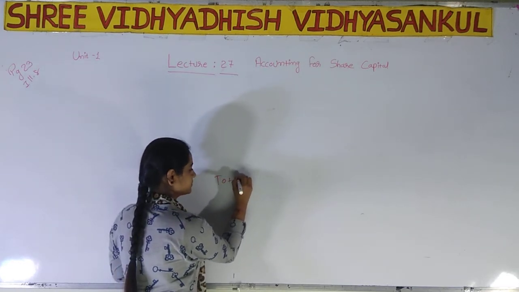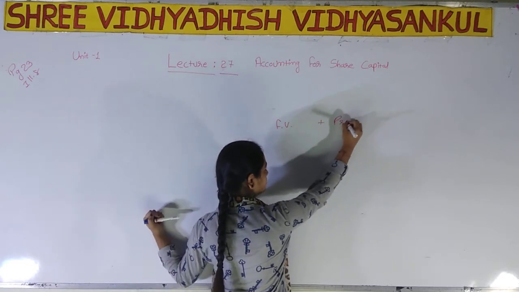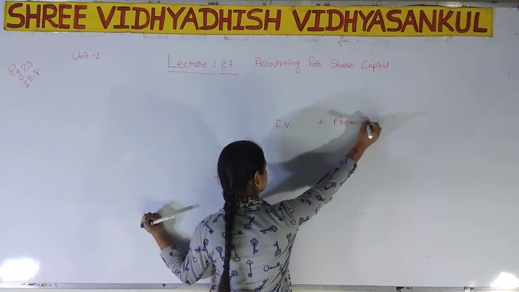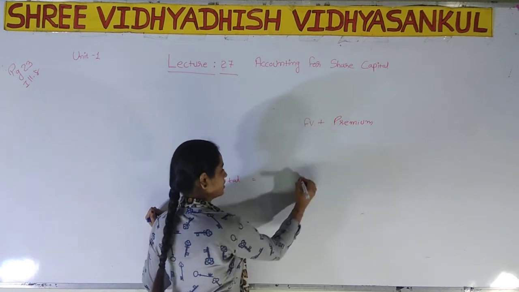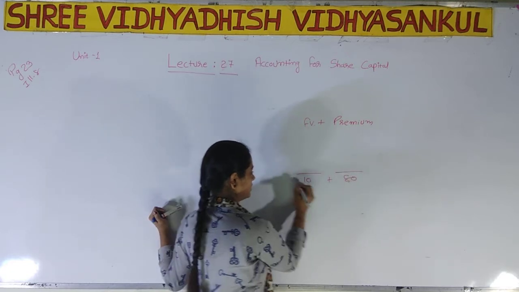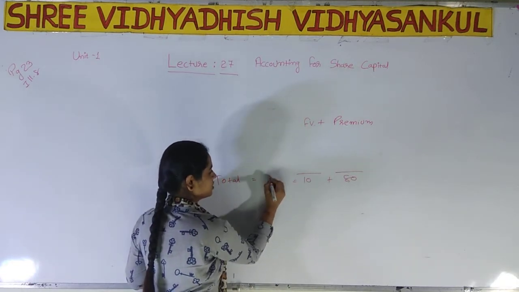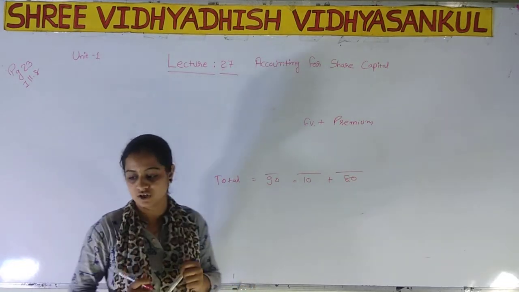Total, face value and premium. The face value is 10 and we have added 80 rupees premium. That means total we have demanded 90 rupees per share.